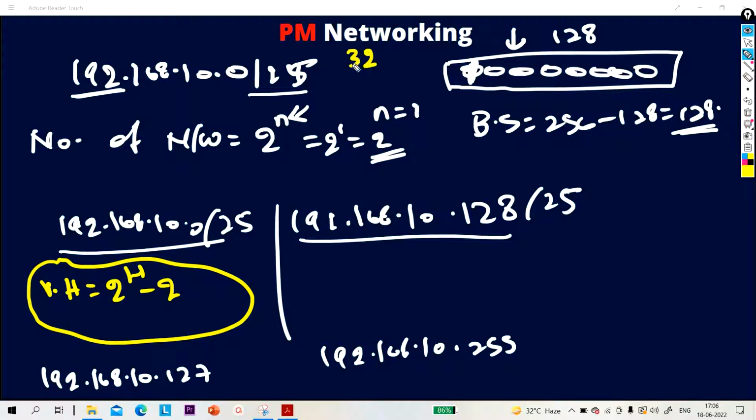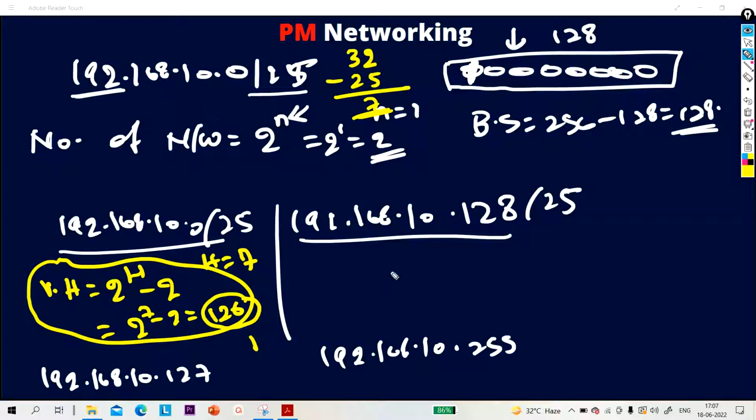Out of these 32 bits, 25 bits are network bits, so you need to subtract network bits from 32. You will get 7 over here. That means there are 7 host bits. Now h equals 7. If you put 2 to the power 7 minus 2, you will get 126. So you can configure 126 computers in this network, and in this network also you can configure 126, right?